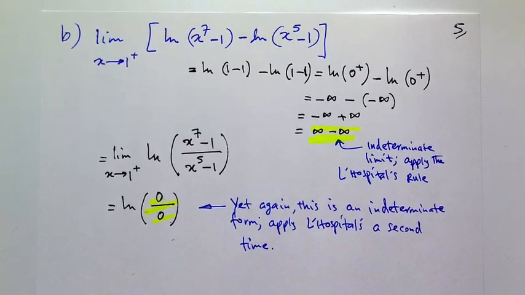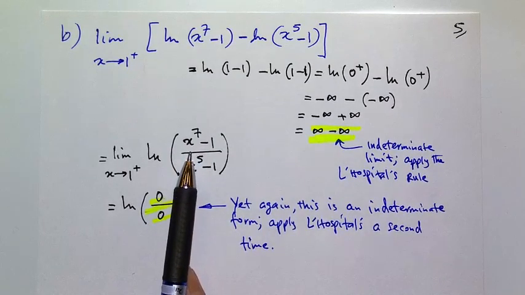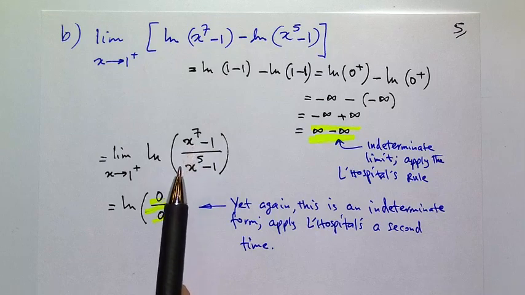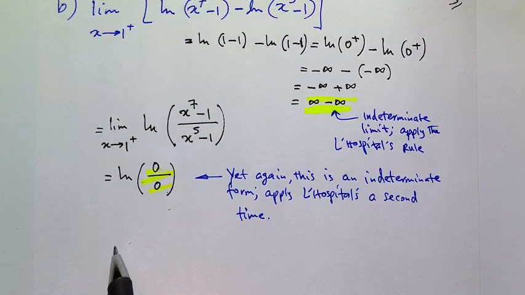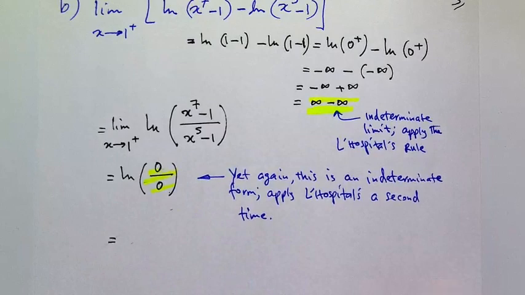Okay, so let's do that, which means we're going to go back to this expression and take the derivative of the numerator and the denominator. So let's do that. We can put the natural log in front of the limit.